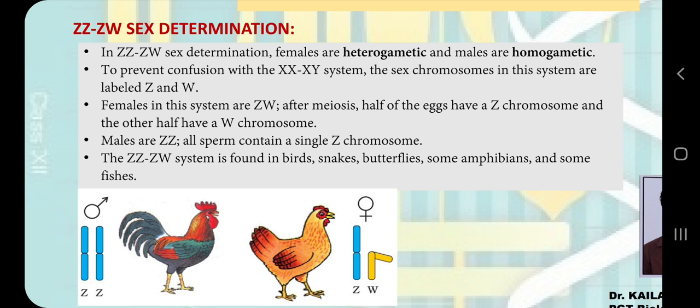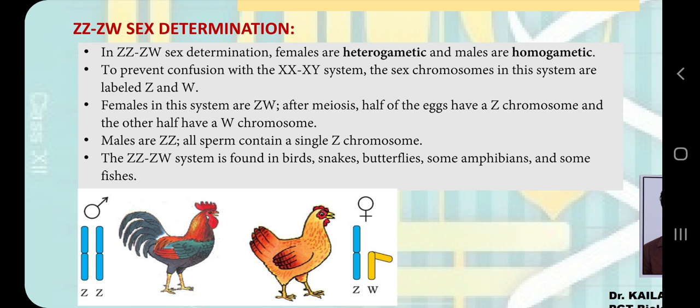heterogametic and the male is homogametic, then it will be confusing for us, and that is why scientists have renamed the sex chromosomes for these creatures. So it is called ZZ-ZW sex determination to prevent confusion with the XX-XY system.